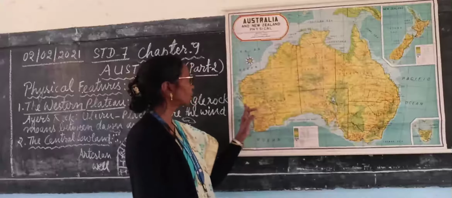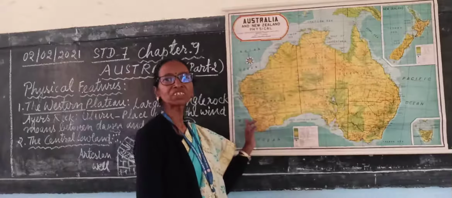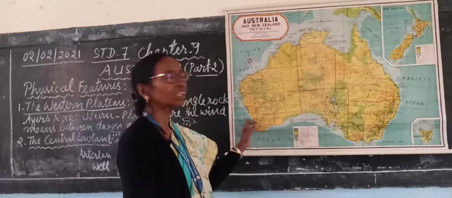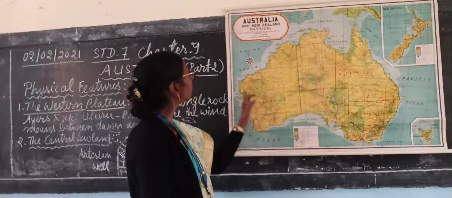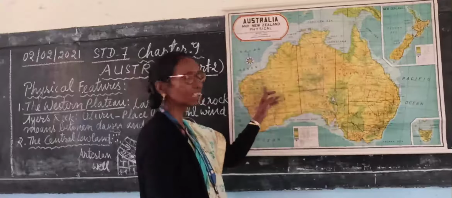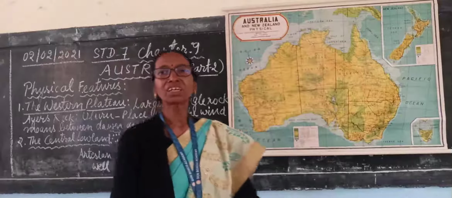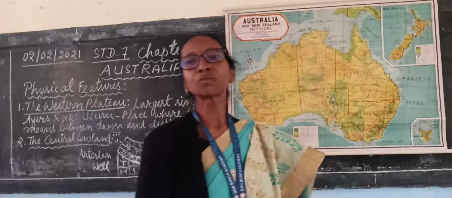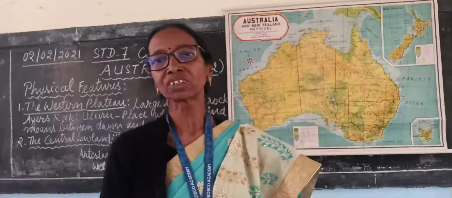There are some high mountain ranges: Hamersley Range, Darling Range, McDonald Range and Musgrave Range. You should remember the names. So they lie in the western part of Australia, in the Western Plateau region.